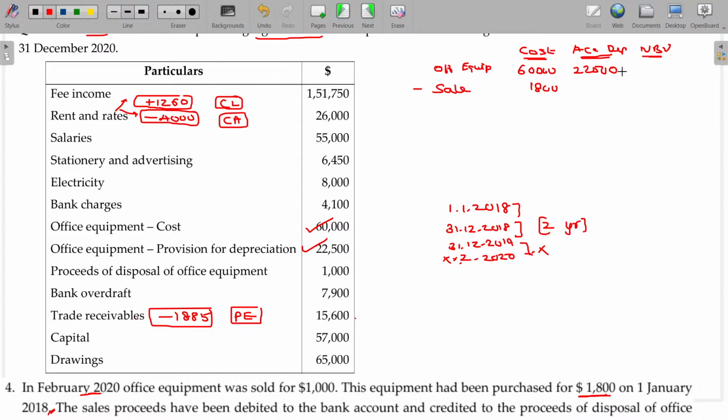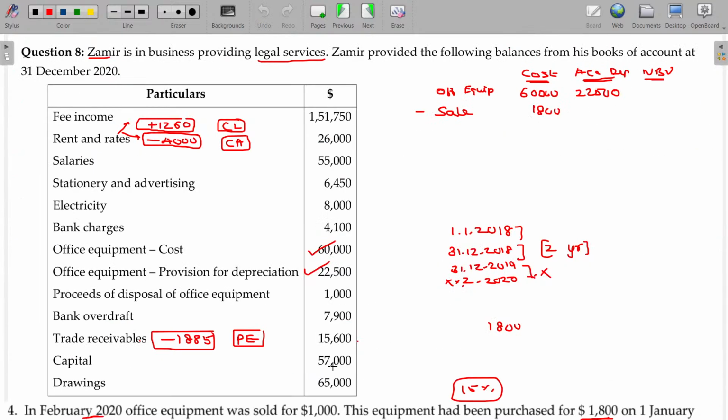Accumulated depreciation: 1,800, the applicable rate of depreciation in this case being 15%. So 15% for how many years? 2 years.